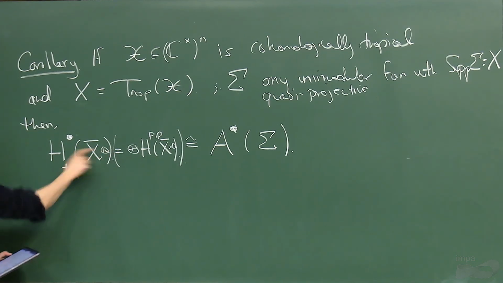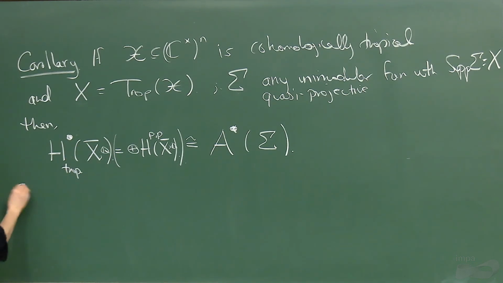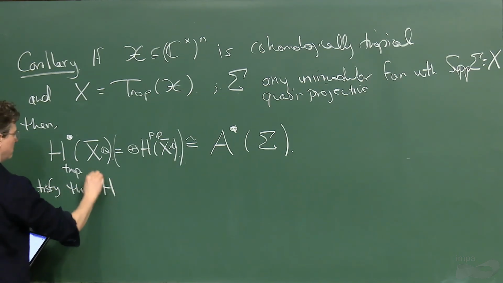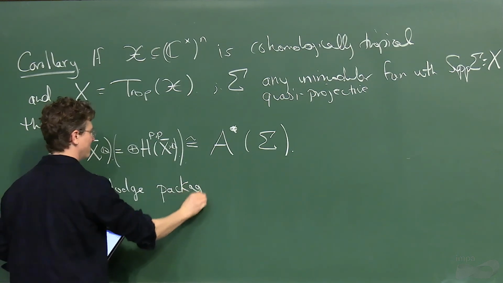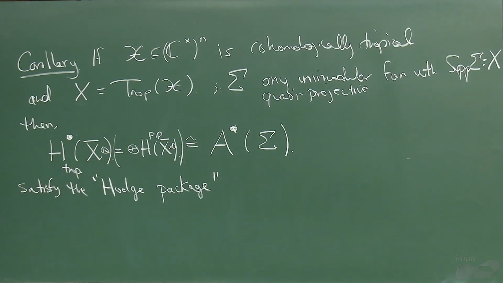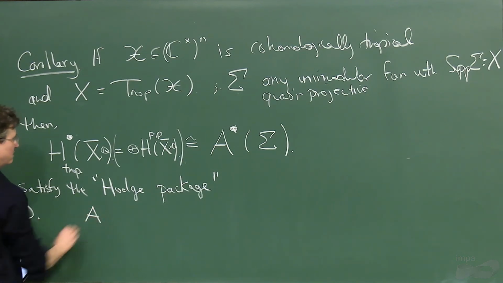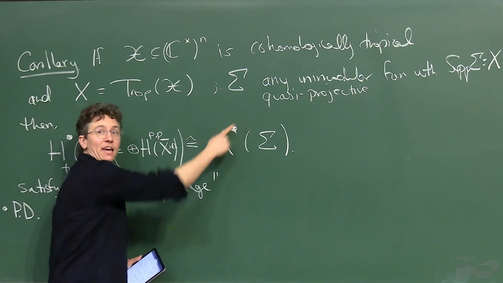There's nothing off the diagonal in this, and it turns out that they satisfy the so-called Hodge package. I don't actually know why it's called the Hodge package, because there are many names of people who appear in the properties. The first one is that this ring has Poincare duality. What does that mean? Let me write shorthand A and A^k for these.